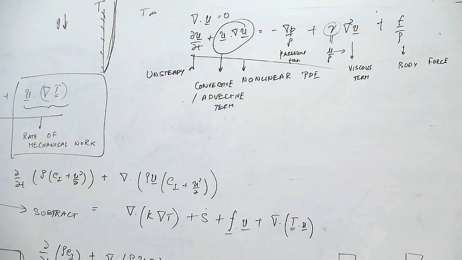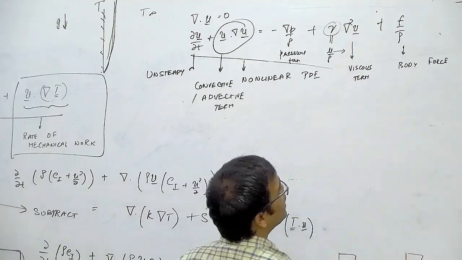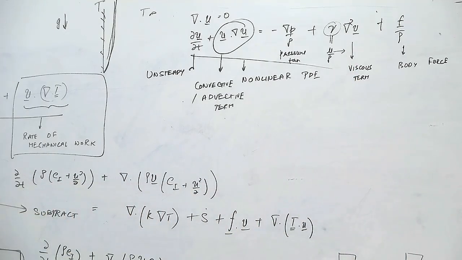What is the order of this PDE? The second equation, what is the order of this PDE? Second order. Is just saying second order enough, or do you have to specify second order in space, first order in time? Due to this viscous term, you have a del square u, a Laplacian of u, so you have a second order derivative in all three directions.